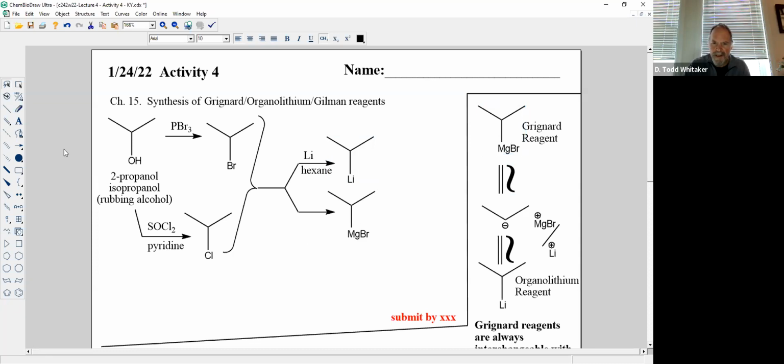This one I'm going to change to MgX. Here, X equals Br or Cl. Br for the top stream, Cl for the bottom stream, doesn't matter. Those are just on the magnesium there.